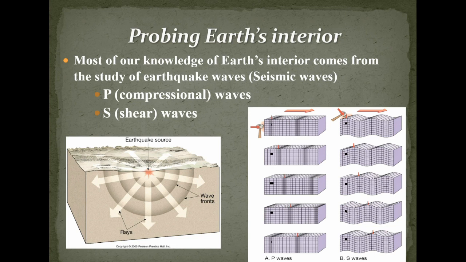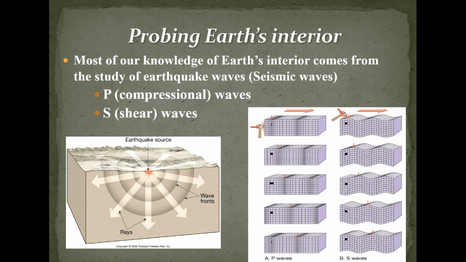When an earthquake happens, energy travels through the earth in the form of waves. When we measure those waves, we can see what they've interacted with in their journey. There are two different kinds of waves, P waves and S waves. P waves we refer to as compressional waves, and S waves we refer to as shear waves.